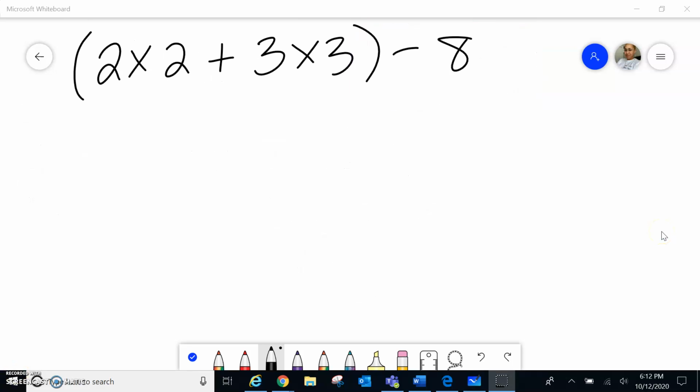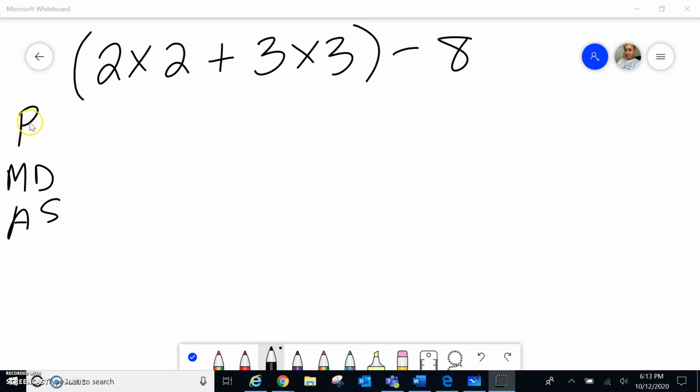All right, here we have our next one, 2 times 2 plus 3 times 3 minus 8. Again, we're going to put our parentheses, multiply, divide, add, and subtract on the side.